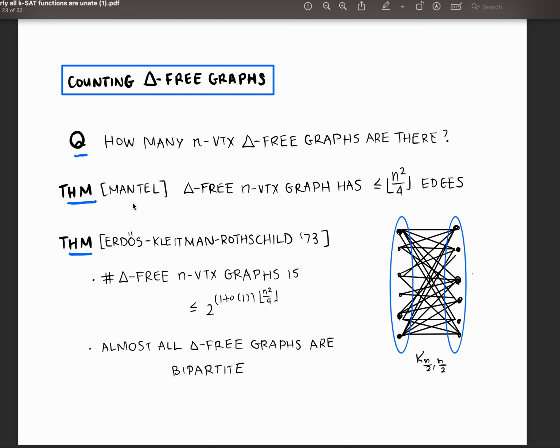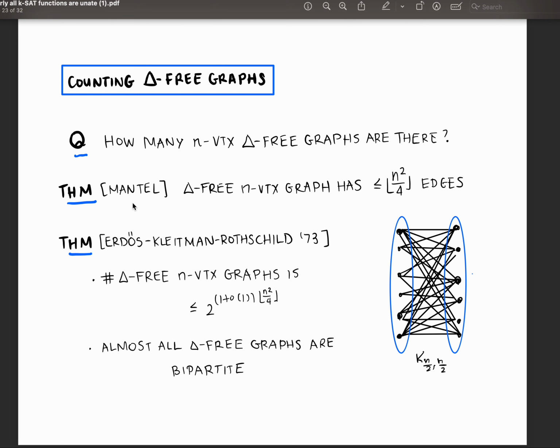So the very classical question in extremal graph theory is how many n-vertex triangle-free graphs are there? And maybe the earliest theorem in extremal graph theory is the theorem of Mantel, which does not answer this counting question, but instead answers an extremal question, which is how big can a triangle-free n-vertex graph be?